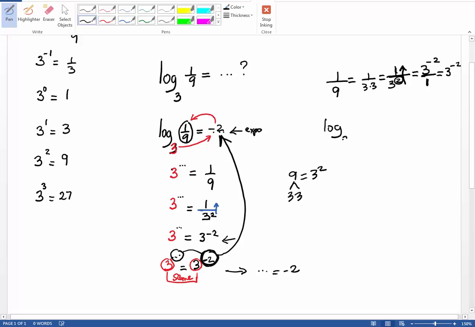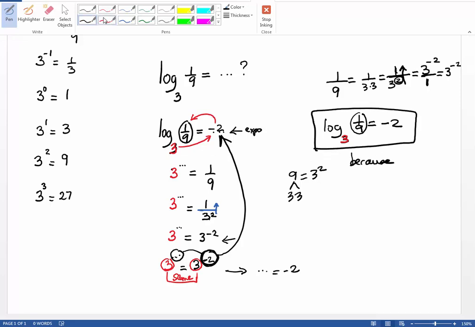So when you see log base 3 of 1/9, this is asking you which power of 3 would give you the quantity inside the log, which is 1/9. The answer is -2. And why is that? Because if you were to zap the log to check it, 3 raised to the -2 gives me 1/9.